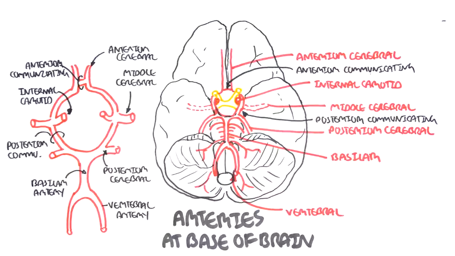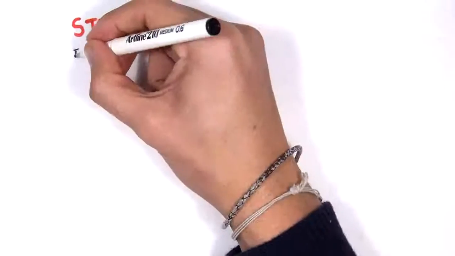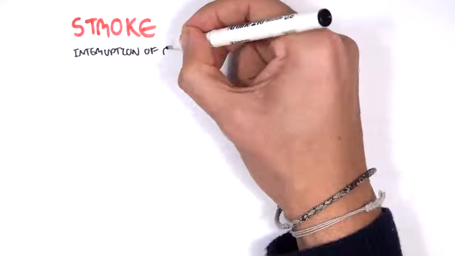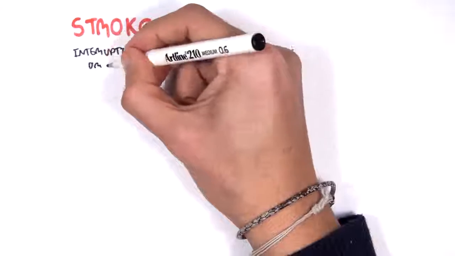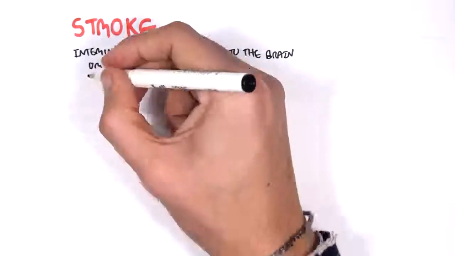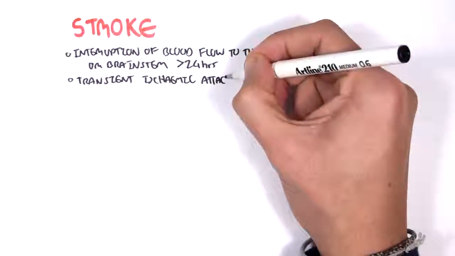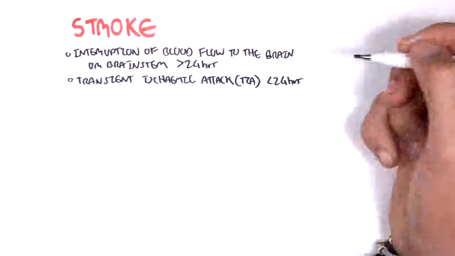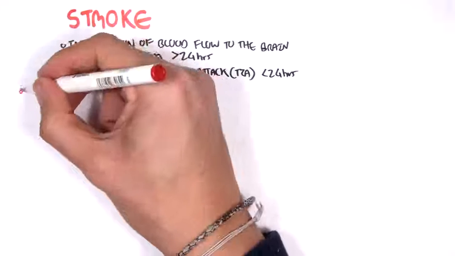Now let us use this information we just learned about the cerebral arteries and talk about some clinical stuff. So stroke is a serious condition. Stroke is where we have interruption of blood flow to the brain or the brainstem for more than 24 hours. There's a terminology known as transient ischemic attack, TIA, and this is essentially when we have interruption of blood flow to the brain less than 24 hours.